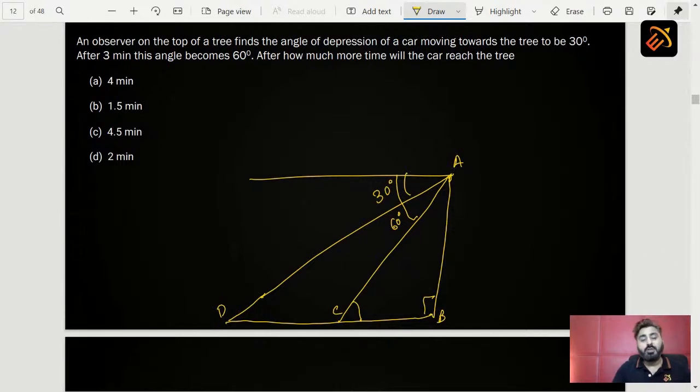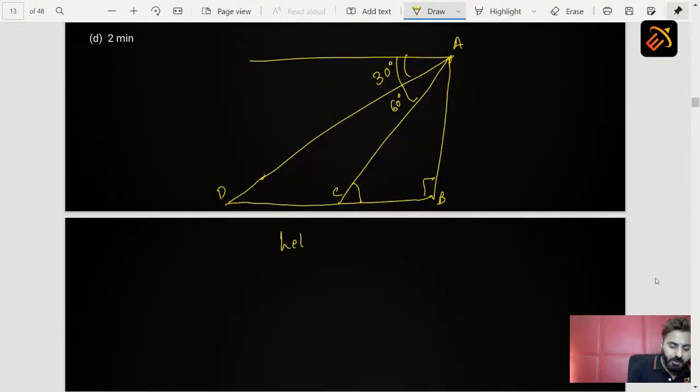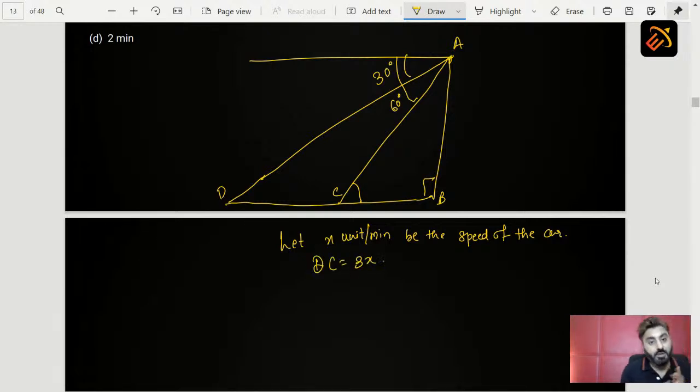So let x be the speed of the car in units per minute. Then from this we say DC is equal to 3 times x. Let h be the height.